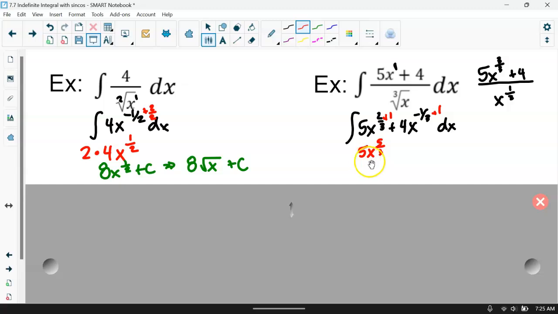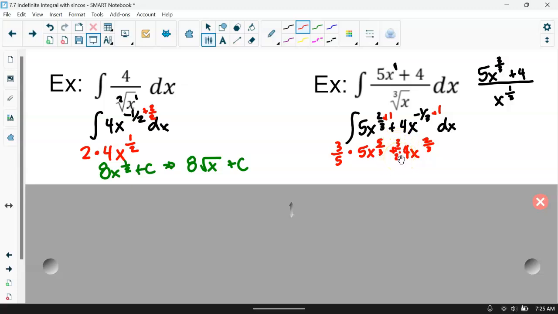But again, remember then divide by our exponent, which is a fraction. So we're going to multiply by the reciprocal, which is 3/5. Then plus here, this is now x to the 2/3. Then 4, but then don't forget to divide or multiply by the reciprocal, which is 3/2.